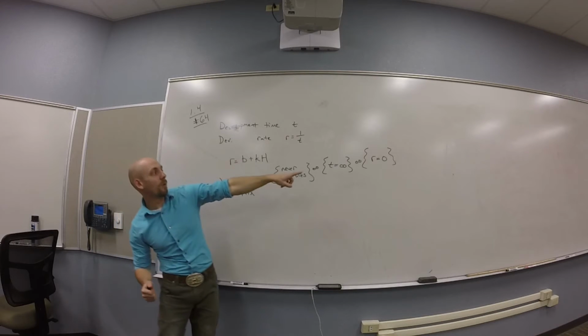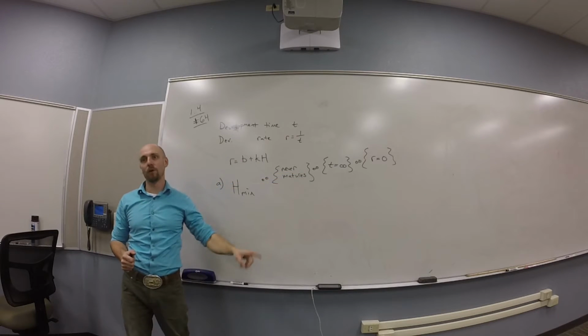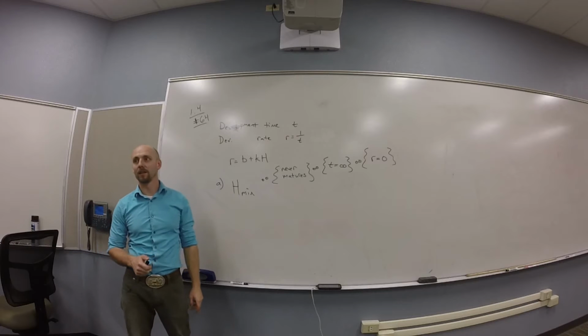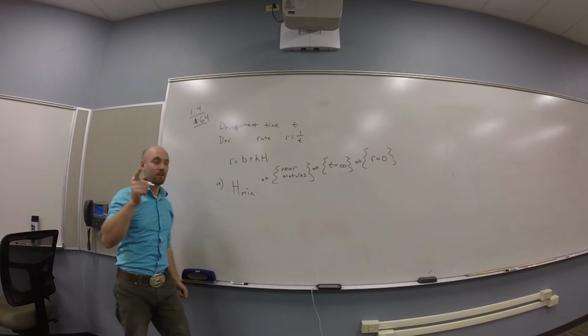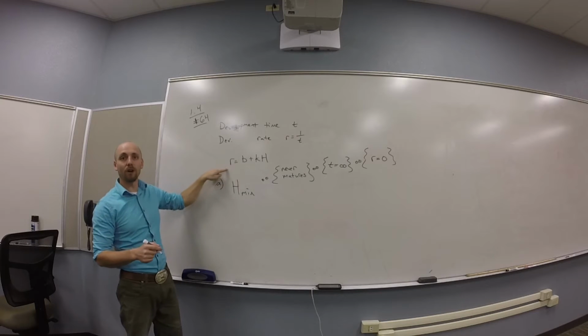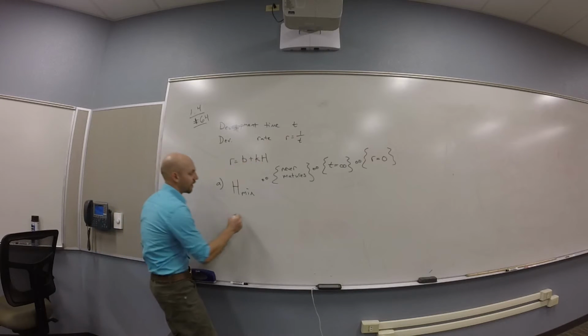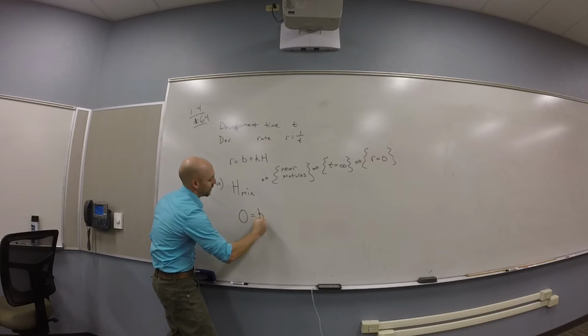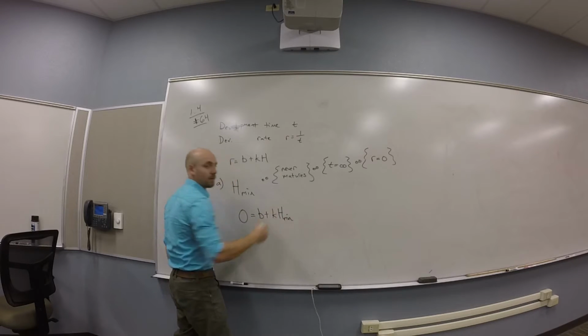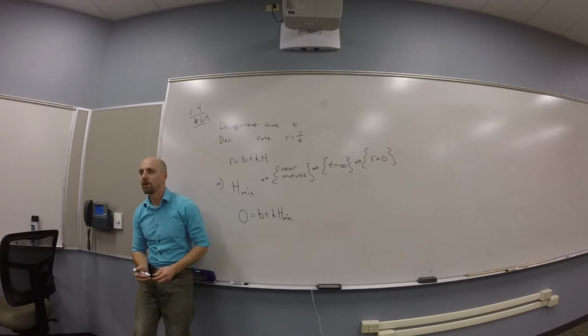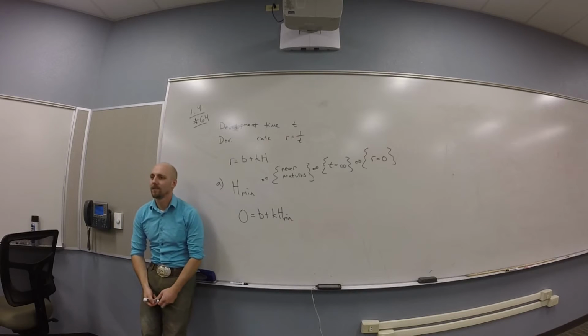Okay, so when r is 0, what's my formula for this h min thing? Good, so I go back to my model for temperature, and I say, okay, 0 is b plus k times h min. Then you want to solve for h min.